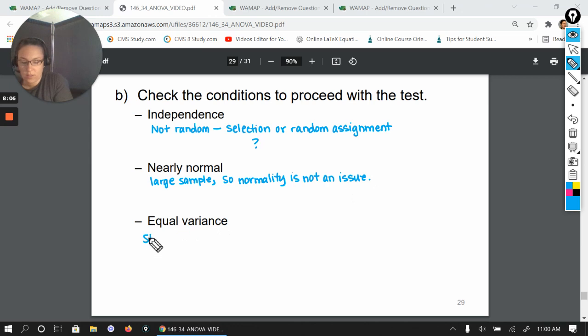Well, the standard deviations are fairly equal. So if we look back at the table from before, we can see that the standard deviations are fairly equal. Remember, the variance is just the square of the standard deviation. So we can check that one off.